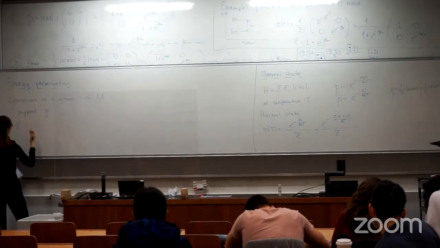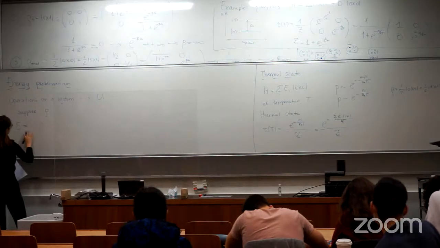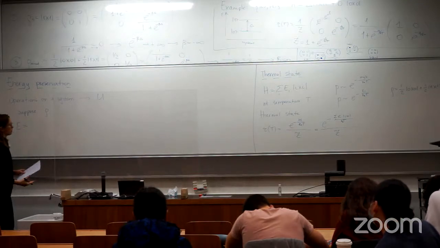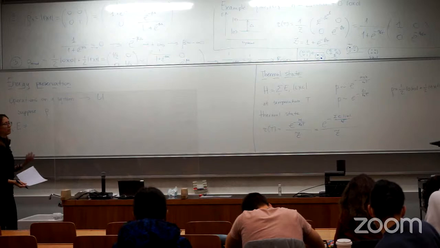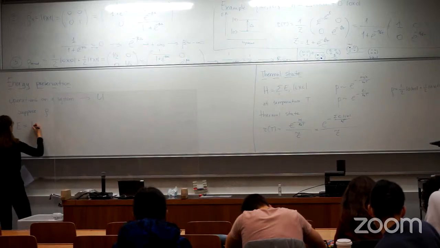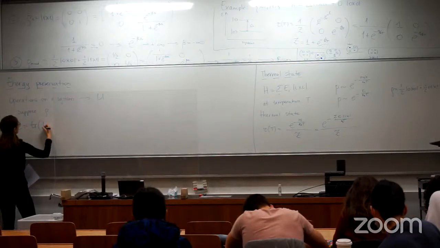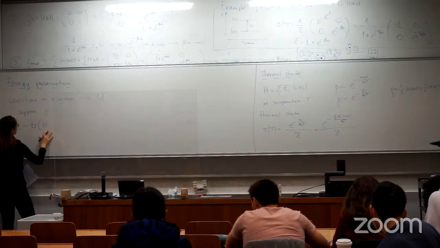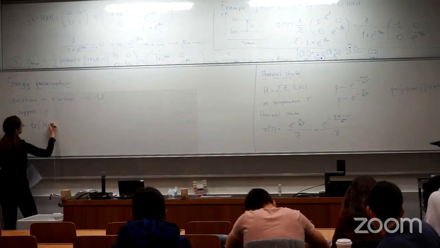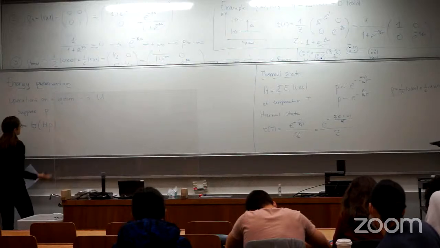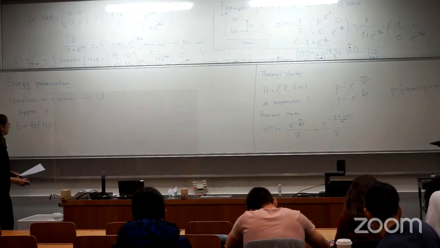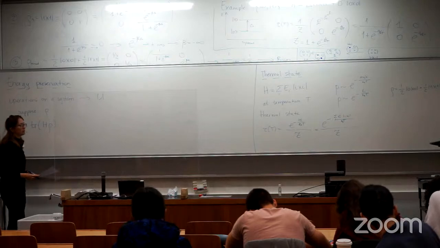To calculate the expectation value of any observable, as you know, we just need to take the trace of the corresponding observable multiplied by the density matrix. In this case, the energy observable is given by the Hamiltonian, because the Hamiltonian describes the energy of the system.